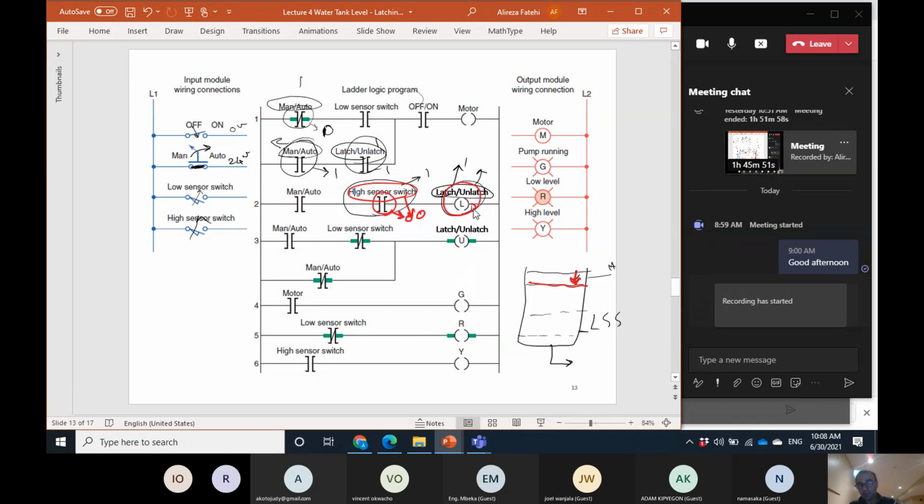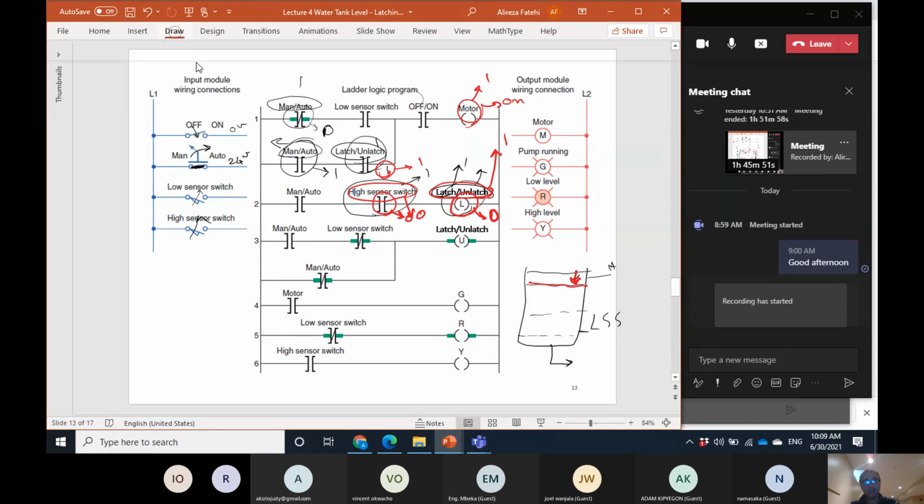But the latch on is still 1, because this assignment coil can only latch this, not unlatch this. So it remains 1, and the motor is still on.